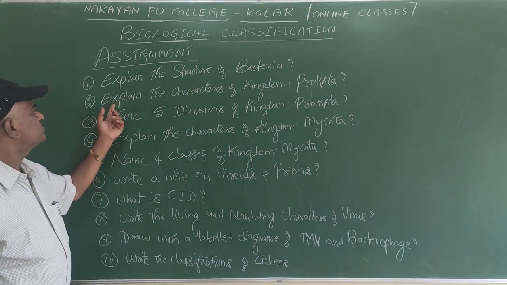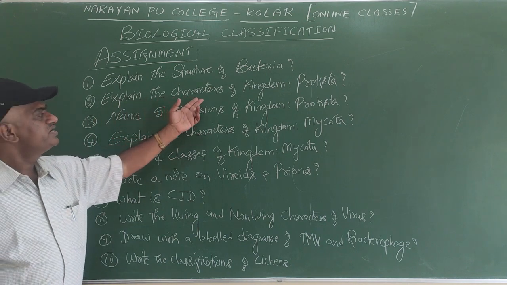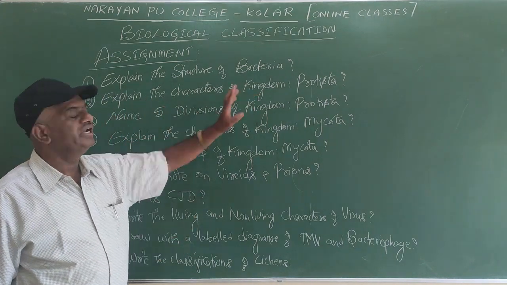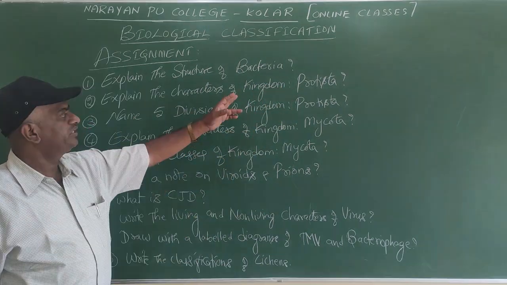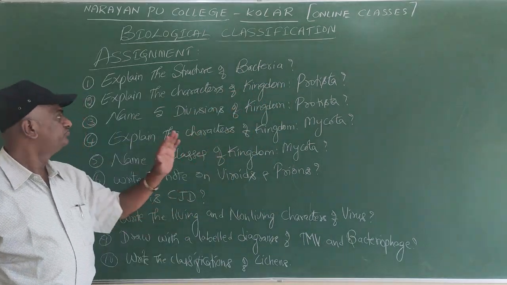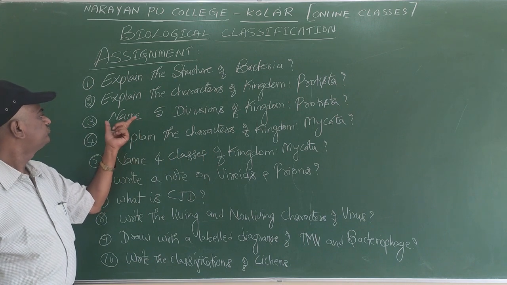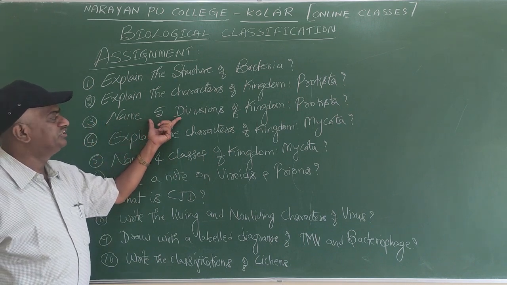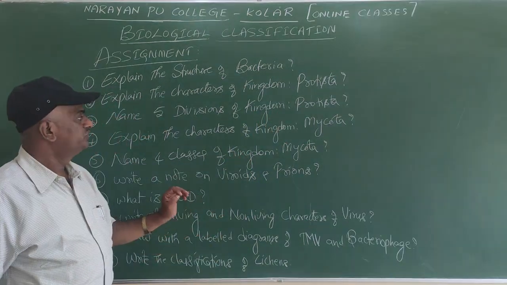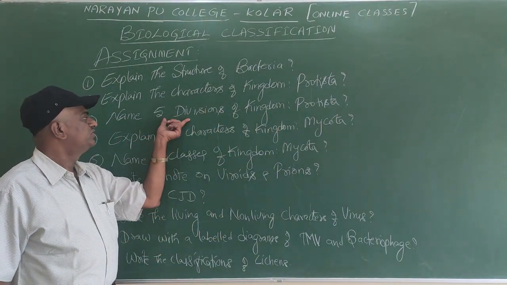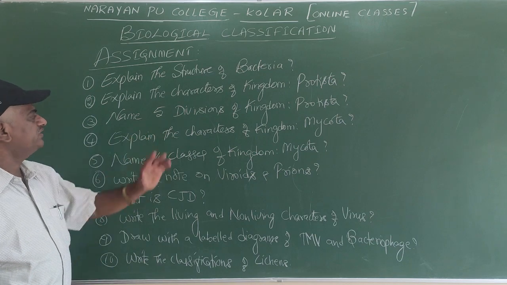Second: explain the characters of kingdom Protista. Next: name five divisions of kingdom Protista. In kingdom Protista there are five divisions, and you are going to write those divisions.